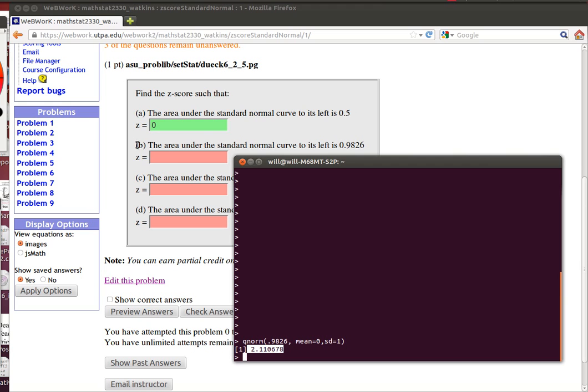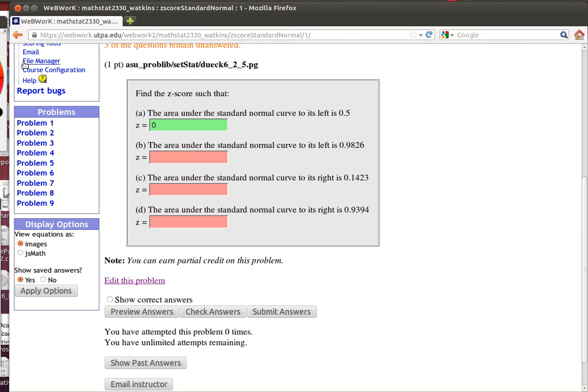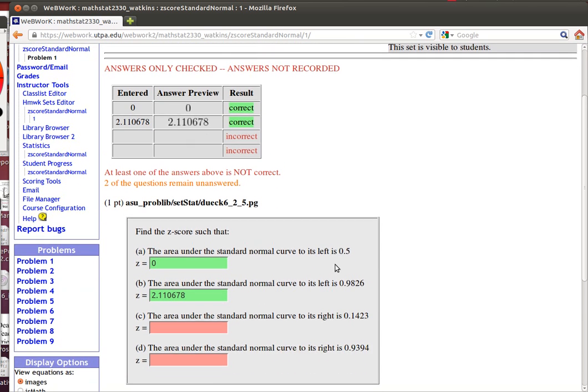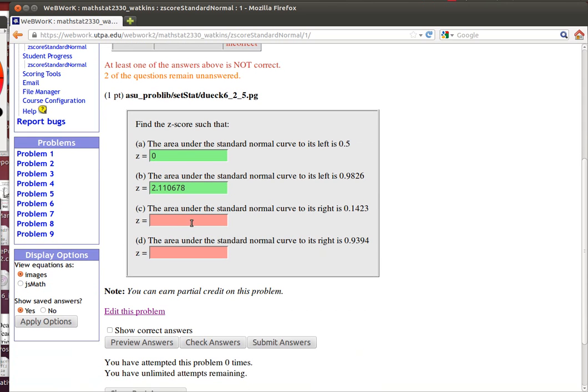So let me just edit that. I'll copy it, and I'll paste it into here. All right. Let's check our answer. Wahoo! Of course we're right. The area under the curve is 0.154.